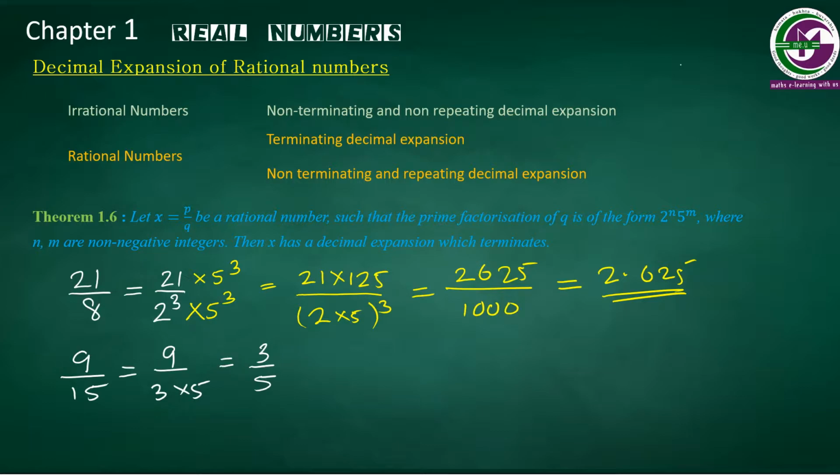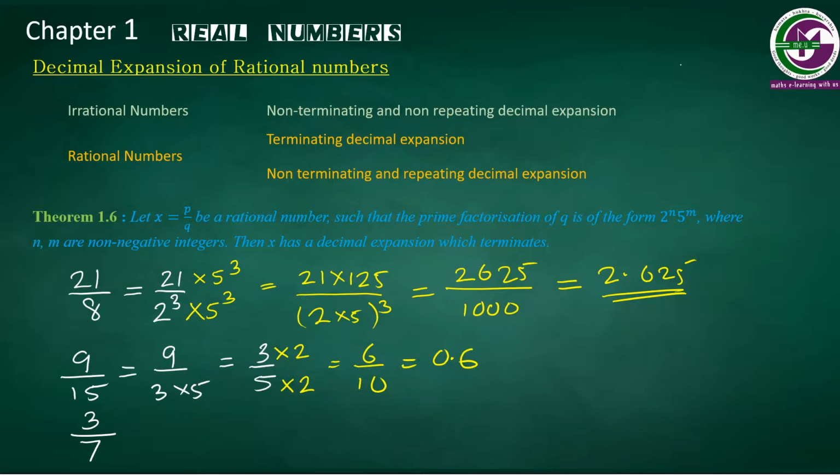Now to find the terminating decimal expansion, here we need to make a pair of 2 and 5. So we'll multiply by 2 in the numerator and the denominator, so we'll get 6 out of 10, which means 0.6.